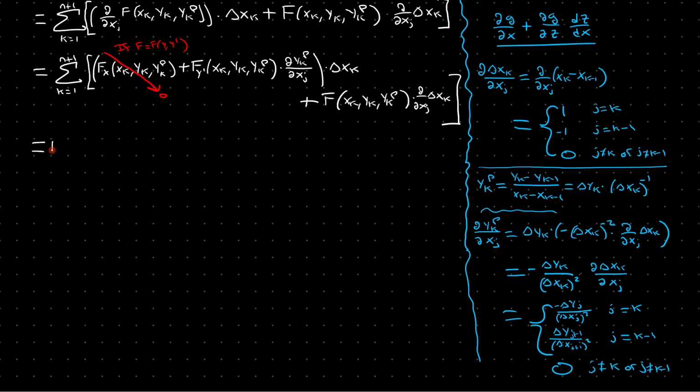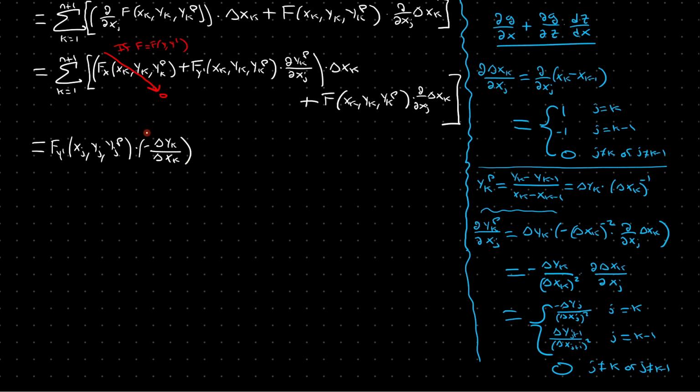When j equals k, you have fy prime at xj, yj, yjp times, and this is where things get really nice, negative delta yj over delta xj squared, but this is delta xk, when j equals k this is delta xj, so you just have negative delta yk over delta xk.